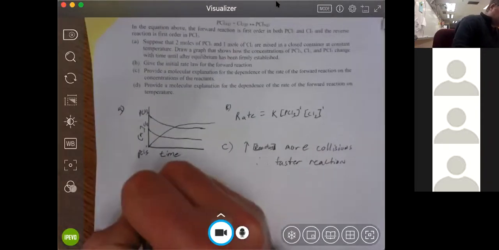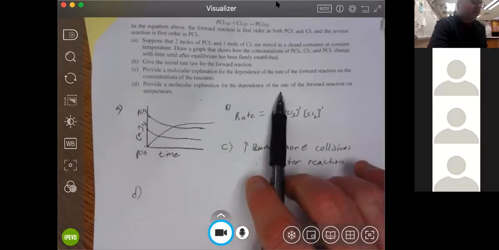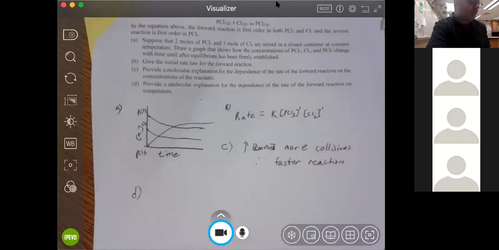Part D: provide a molecular explanation for the dependence of the rate of the forward reaction on temperature. Well, temperature is a measure of kinetic energy.